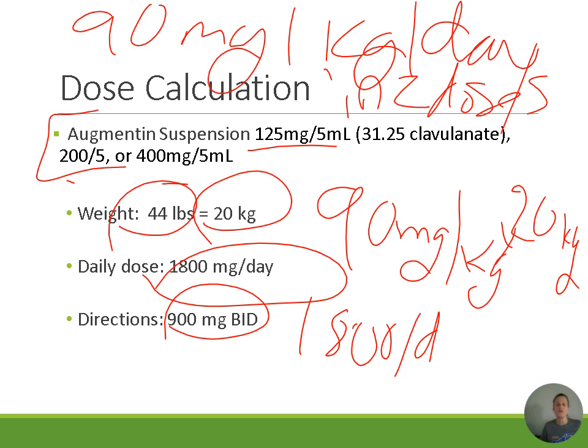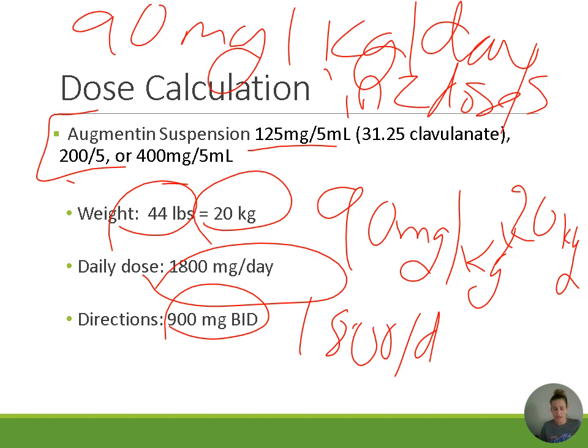Now again, you can't write on this prescription to give 900 milligrams twice a day. It's not like it's a tablet that they can just give one of. The mom needs to measure out this suspension. So if you look up here at the concentrations, you always want to give the kid a small volume.